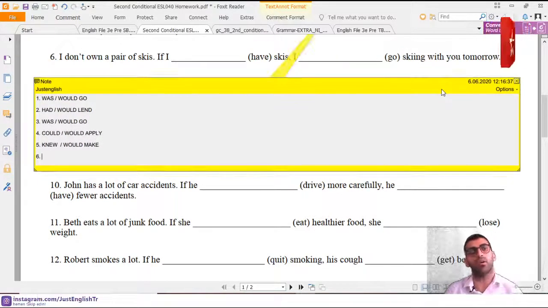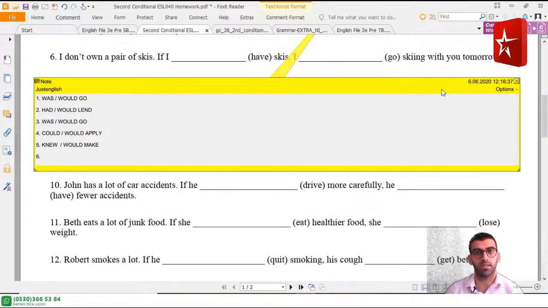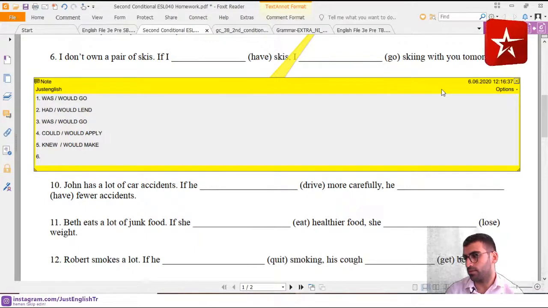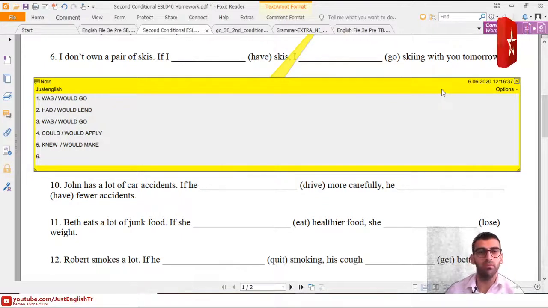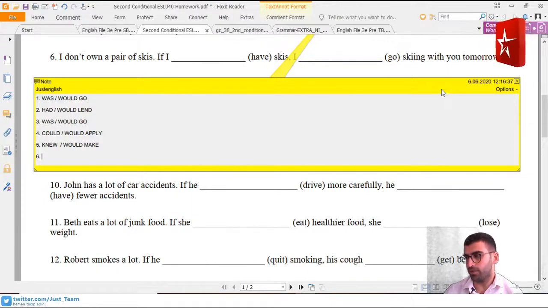I don't own a pair of skis. If blank skis, I blank skiing with you tomorrow. So your answers for number 6. Number 6, we are talking about the second conditional sentences.